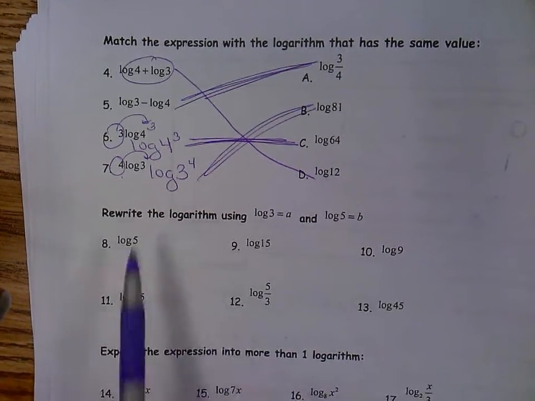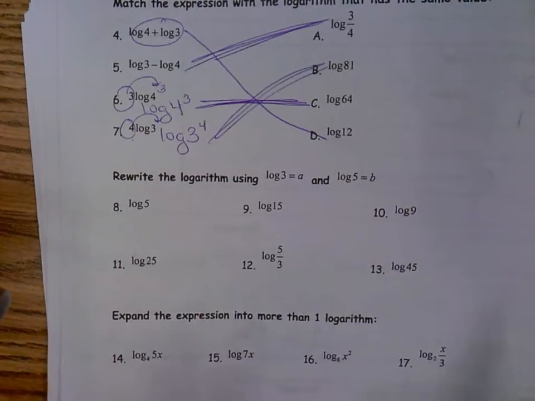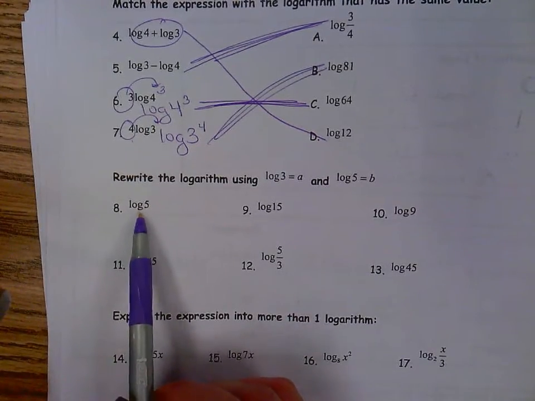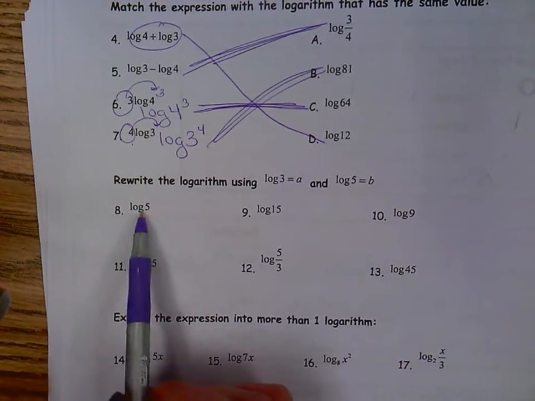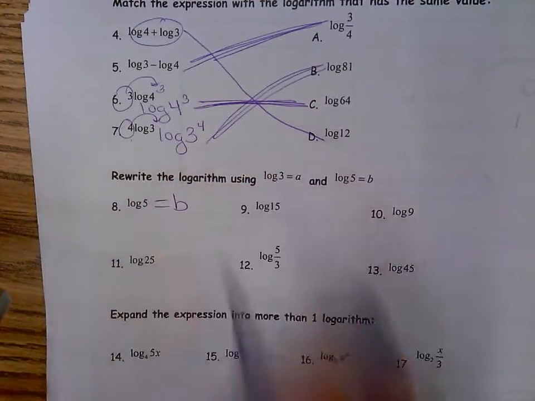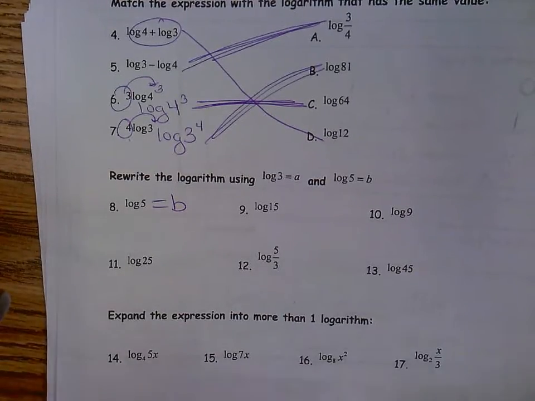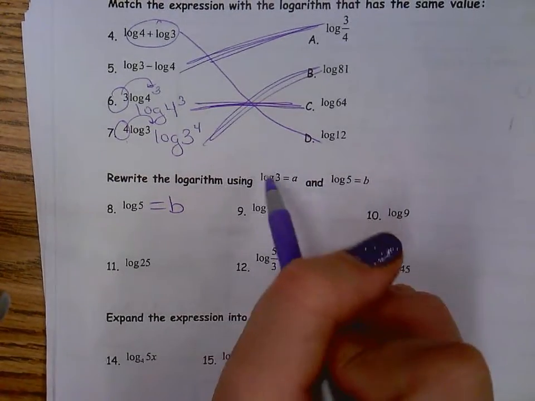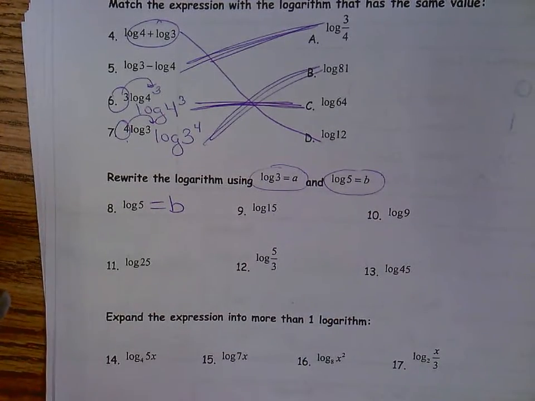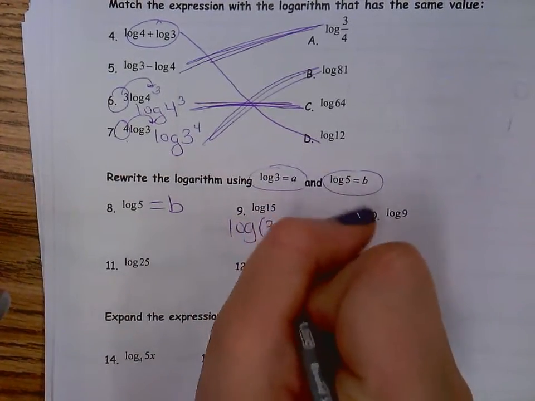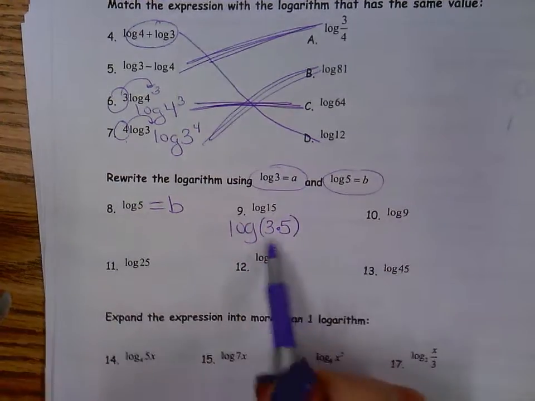This is really just practicing the properties. You're trying to rewrite these logs using just a and b. So if I see the log of 5, that's just equal to b. But the log of 15, I'm only allowed to use the log of 3 and the log of 5. So 15 is the same as 3 times 5 inside the log.